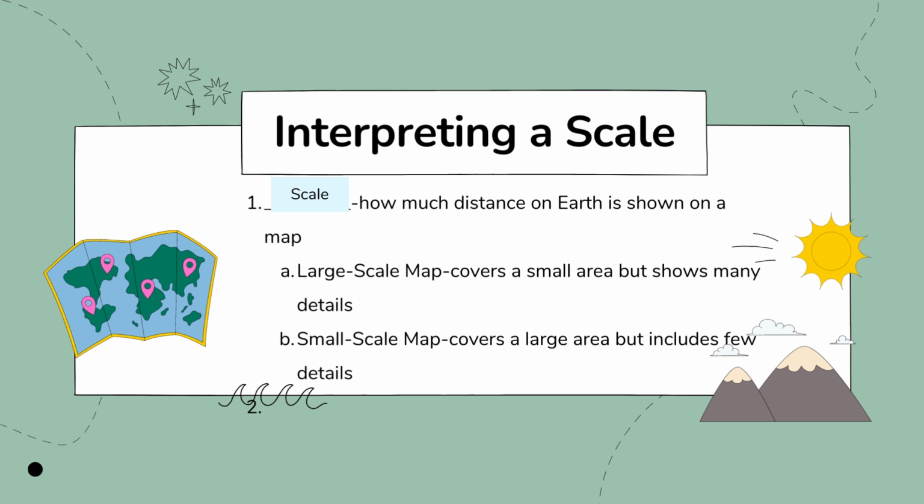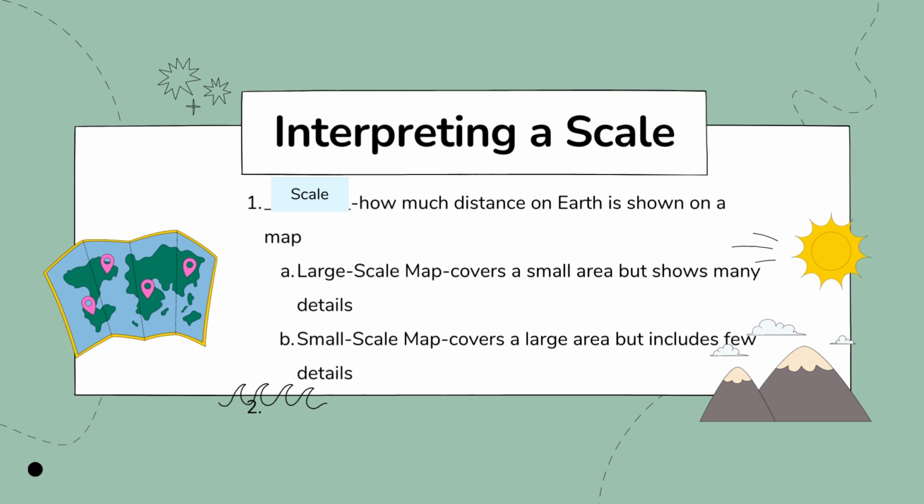Think of that as like zooming in on Google Maps or Apple Maps and being able to see all of the different road names when you're getting directions somewhere. This difference is due to the map scale, or how much distance on Earth is shown on the map. So there are two different types of scaled maps, like two different categories: large scale and small scale.